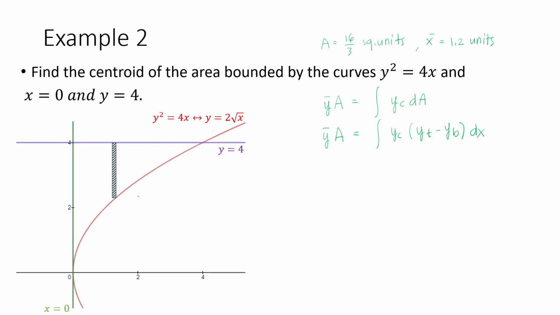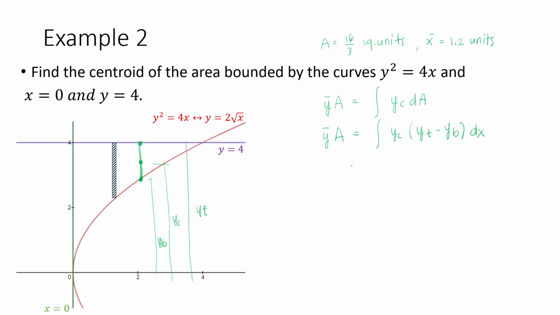So again, if you imagine your vertical strip as a line, and let's say this is the centroid, we're going to use the midpoint formula, right? So this one is y top, this one is y sub c, this one is y bottom.